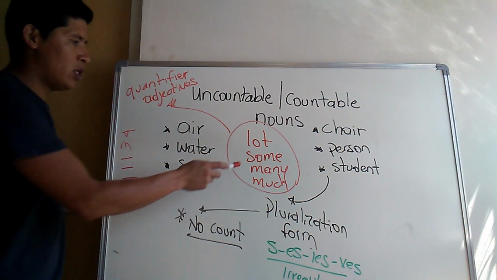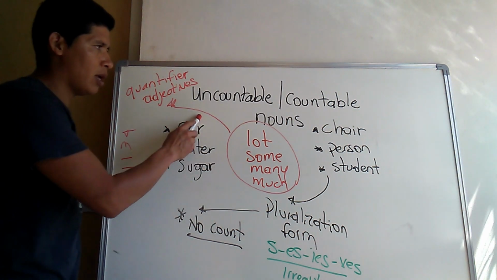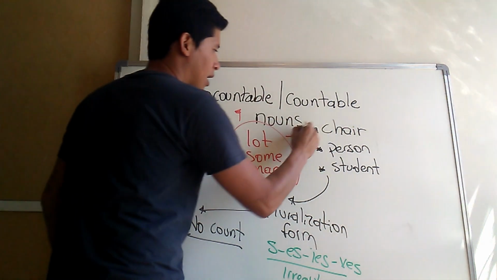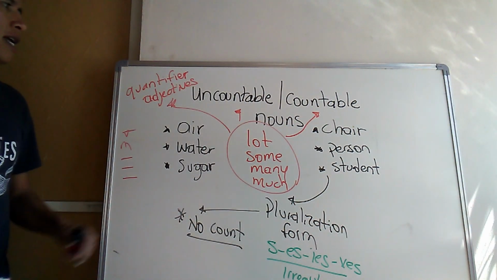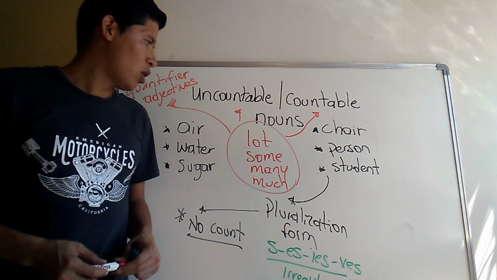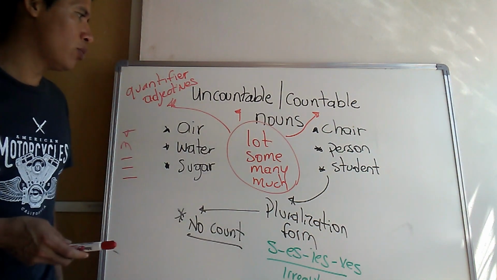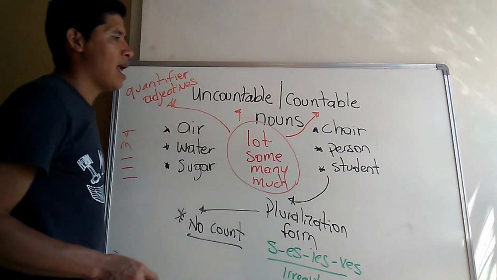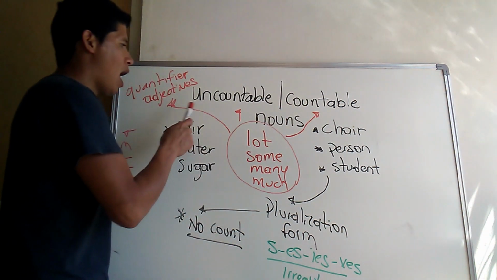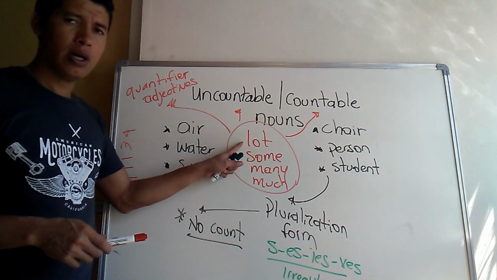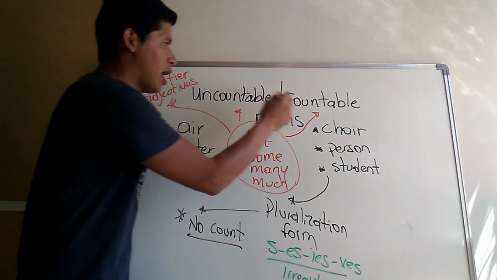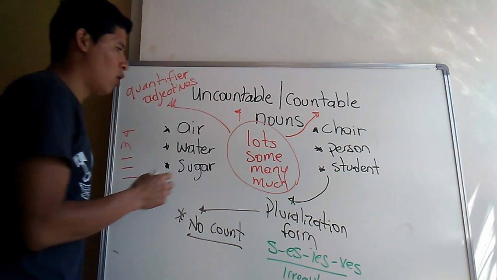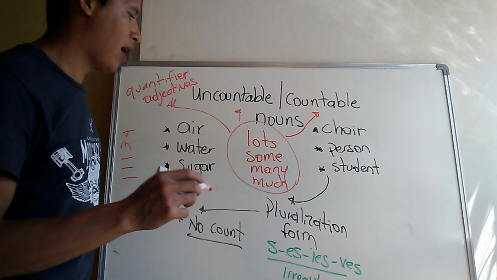With these, I can use uncountable and countable nouns. Sometimes it is necessary to understand which one to use with which. Lot I can use with countables and uncountables, and sometimes we say lots, or a lot of.